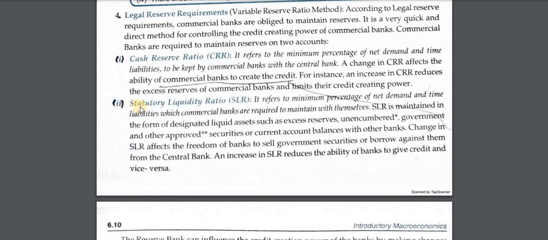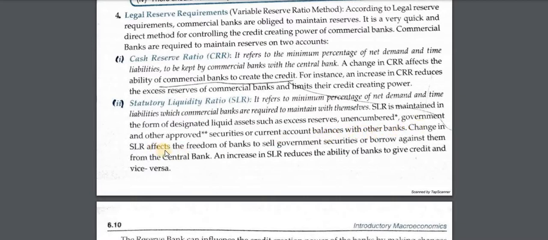Number 2. Statutory liquidity ratio, SLR. It refers to the minimum percentage of net demand and time liabilities which commercial banks are required to maintain with themselves. SLR is maintained in the form of designated liquid assets such as excess reserves, unencumbered government and other approved securities, or current account balances with other banks.